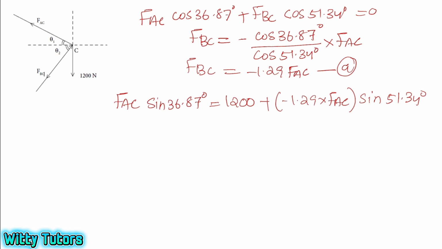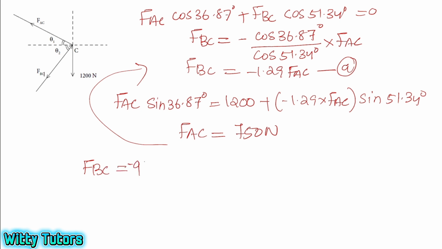Solving this equation, I will get FAC as 750 Newton. By substituting here, I will get FBC as minus 967.5 Newton. So this is the final answer.